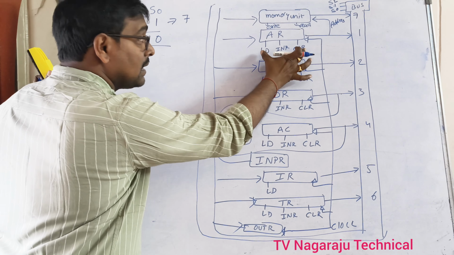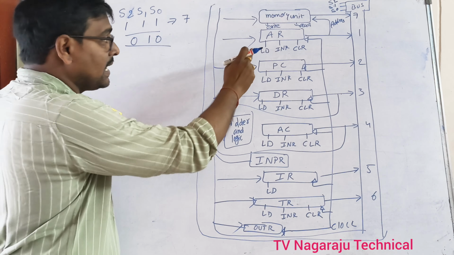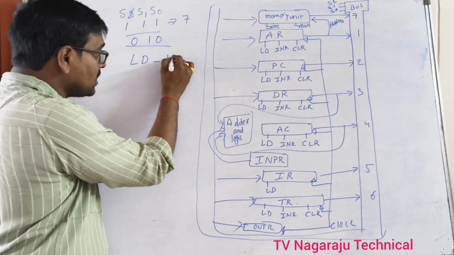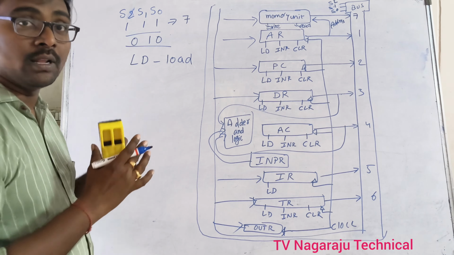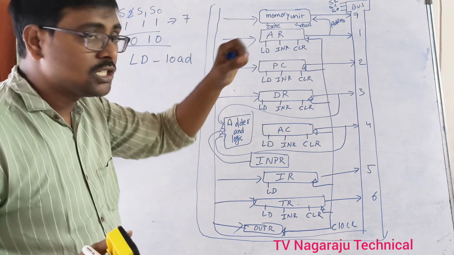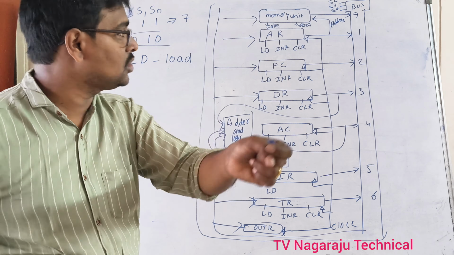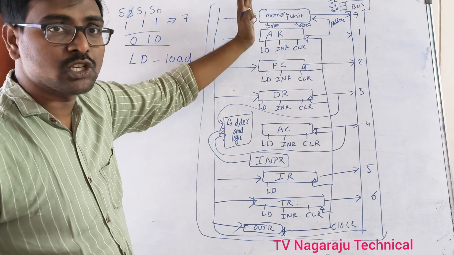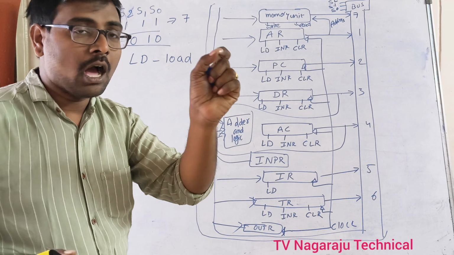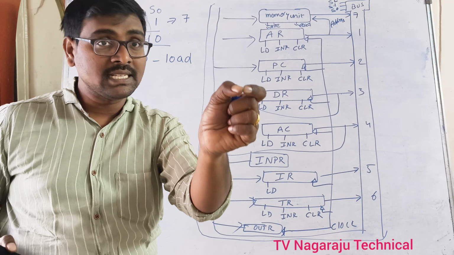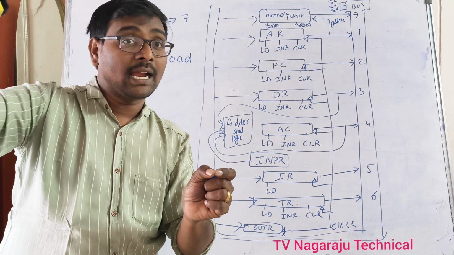How can we receive and how can we place? Here observe the different control inputs. LD specifies the load input, that is, whenever a register has its load input active, in the next clock edge it receives the information from the bus. Clear? Whenever the load input is active, the transfer occurs only in the next clock transition.